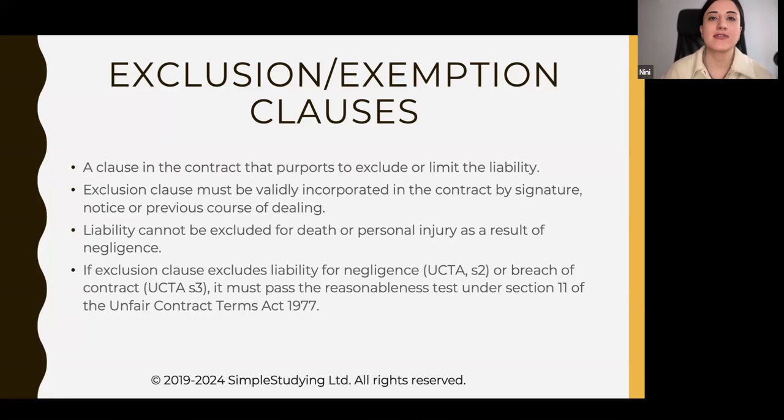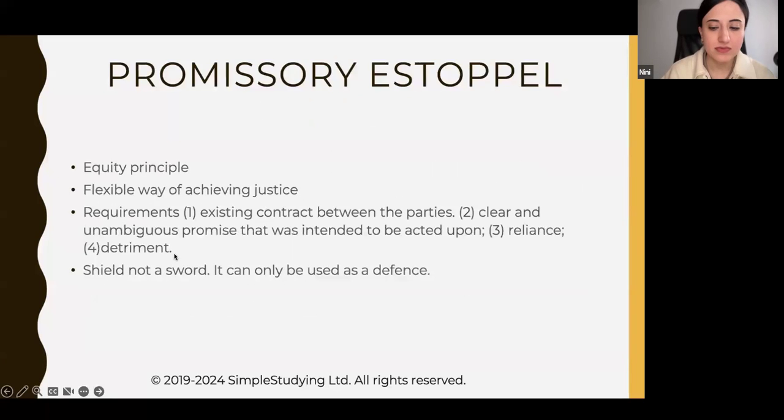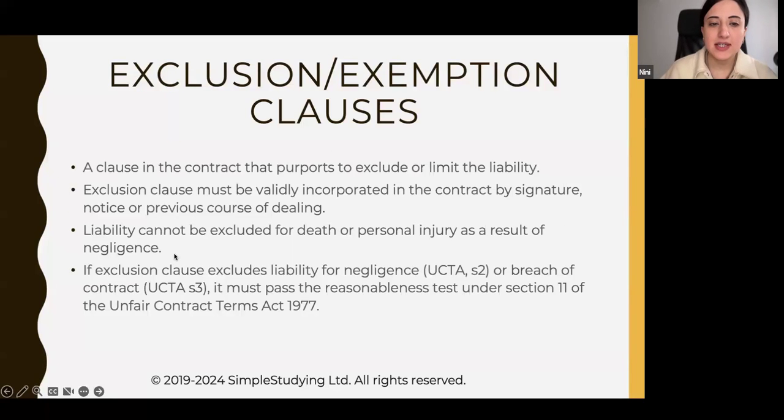And the law says that the attention of the party must be drawn to any unusual term or an important term outside of the contract. And liability cannot be excluded for death or personal injury as a result of negligence. If an exclusion clause excludes liability for negligence or breach of contract, it must go through the reasonableness test.